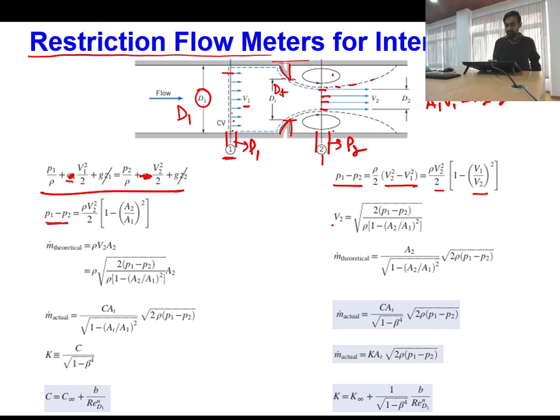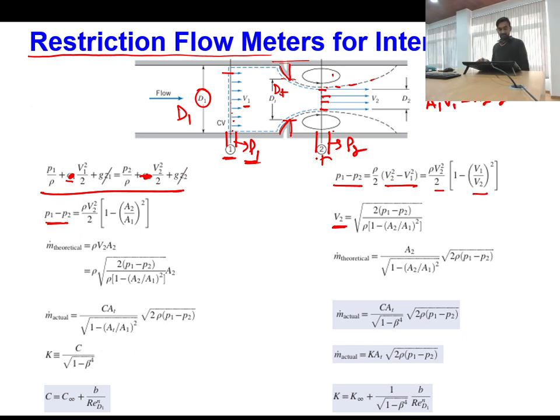So from here, if I have to calculate V2, V2 will become the square root of 2 times P1 minus P2 by rho times 1 minus A2 by A1 squared. It clearly means that if I know the values of area at section 1 and area at section 2, and the corresponding pressure values, then I can calculate the average velocity of the flow.